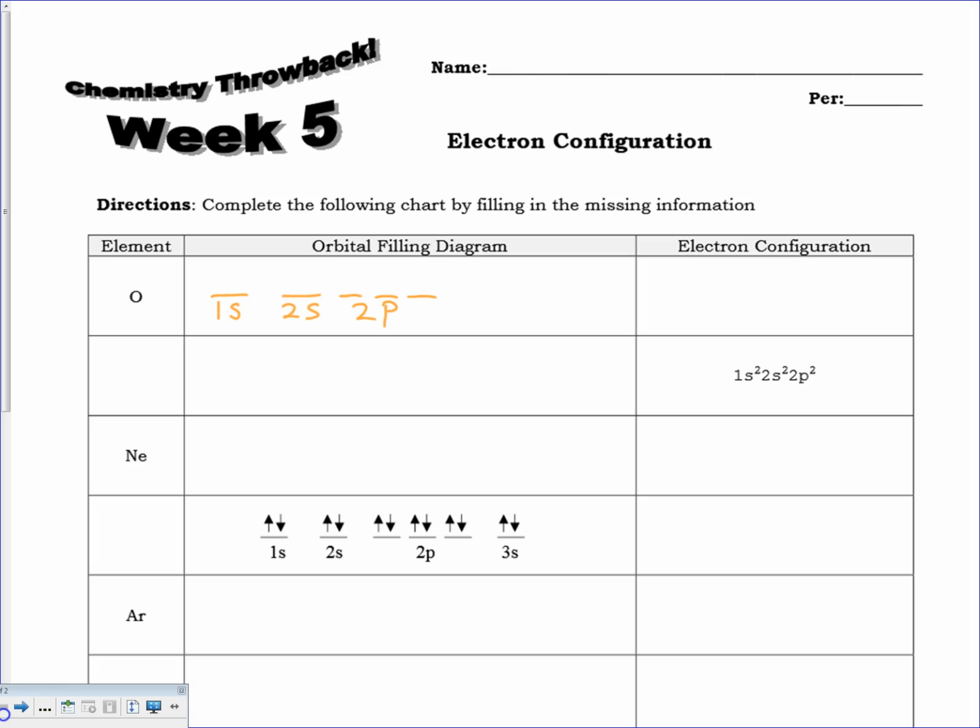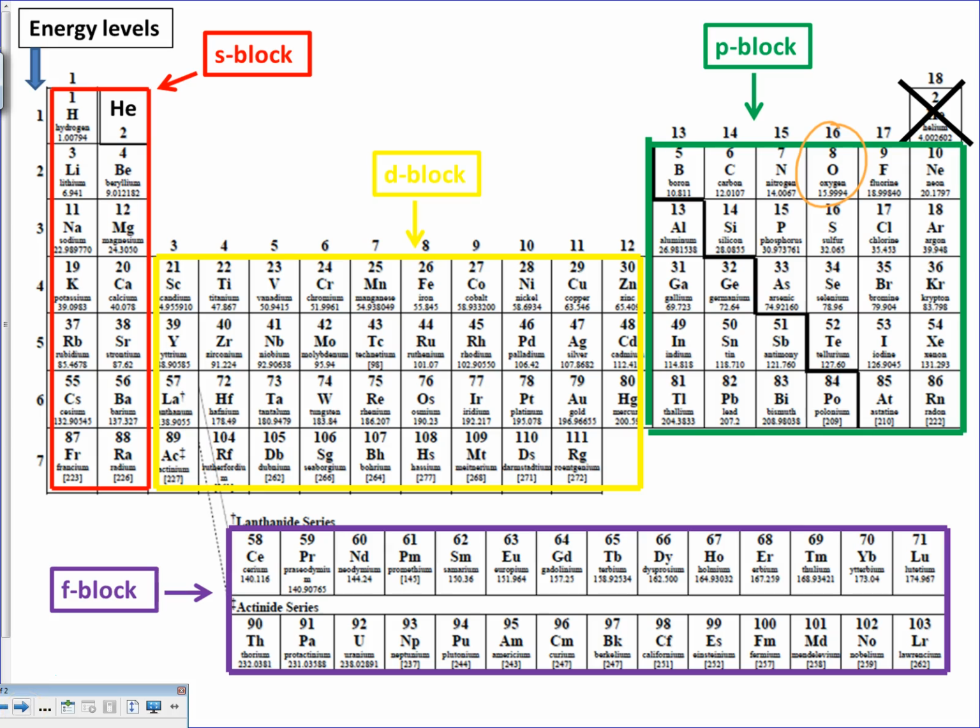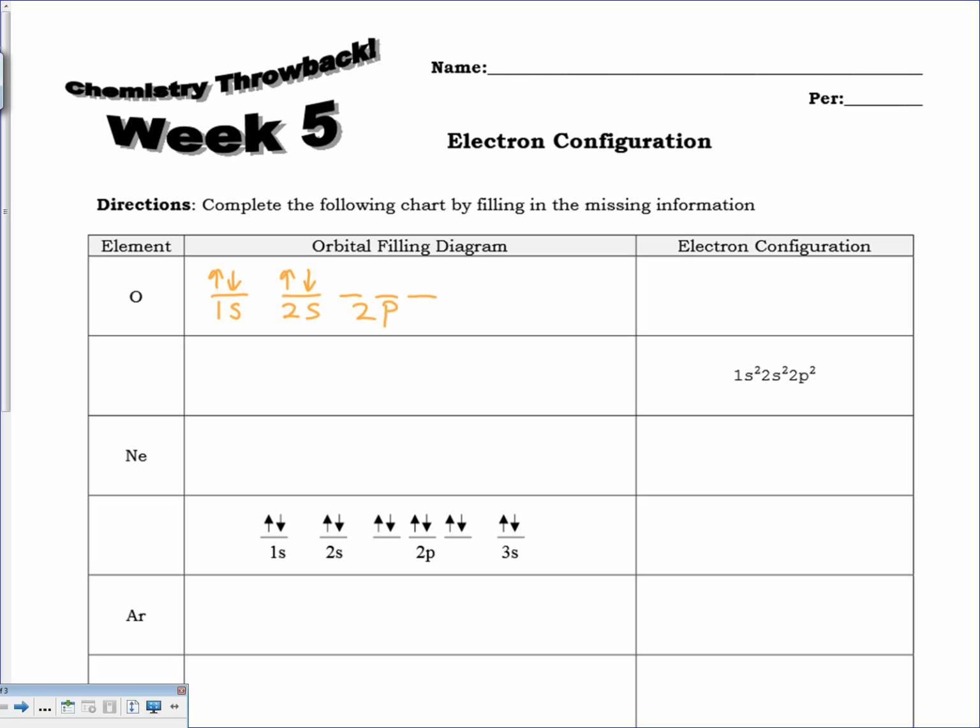There are 3 orbitals in the p sublevel. We fill everything here, and then look at how many electrons oxygen has in that p level. It is the 4th element in, so it gets 4 electrons in that 2p sublevel. So remember, we go up, up, up, down.